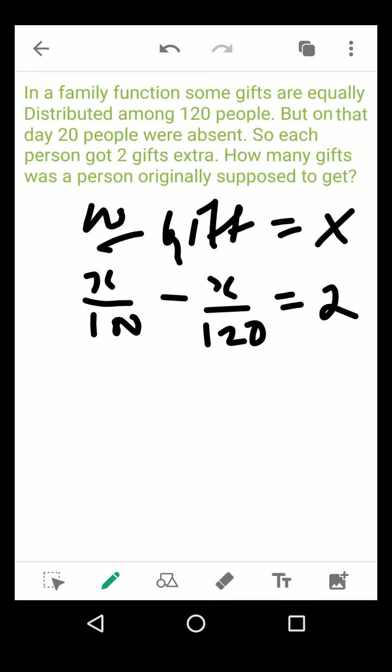So let me solve this equation. The LCM of 100 and 120 will be 600.